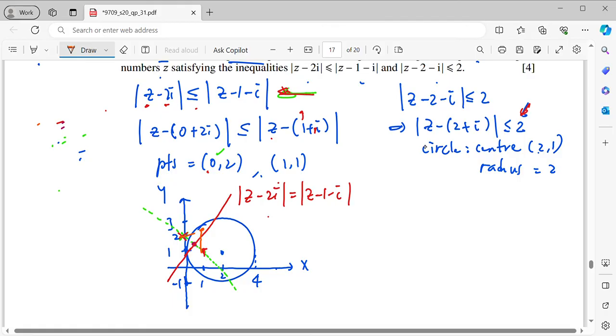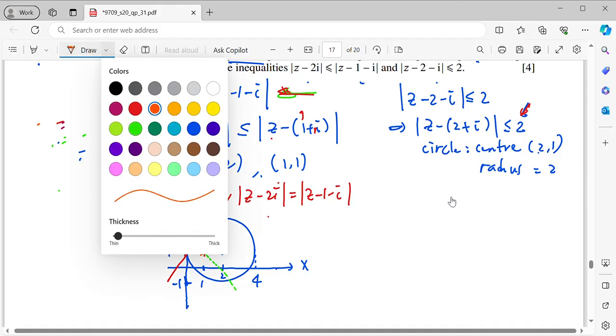Or if you are not sure, you just take this. Okay, take this point here. So the distance here is shorter than the distance to the other side. That means your points will be over here. Right, this is how we decide. Okay, so that is the locus of this question.